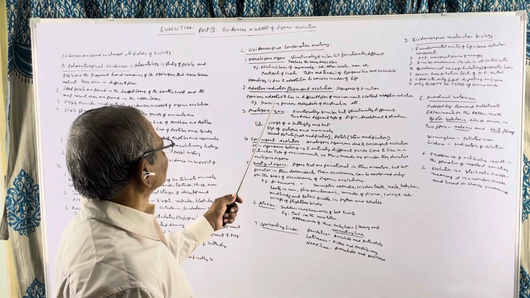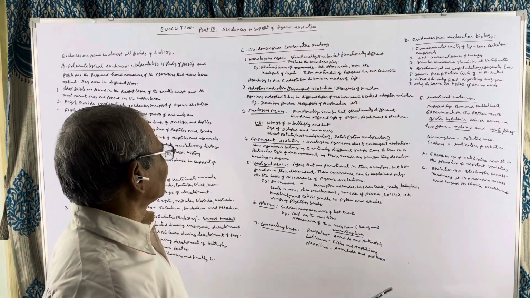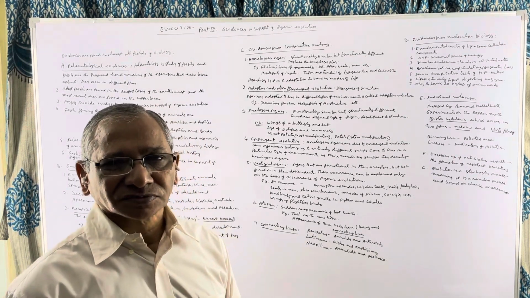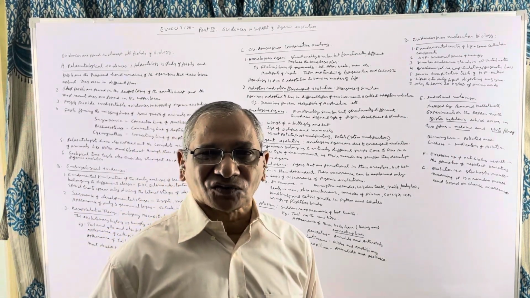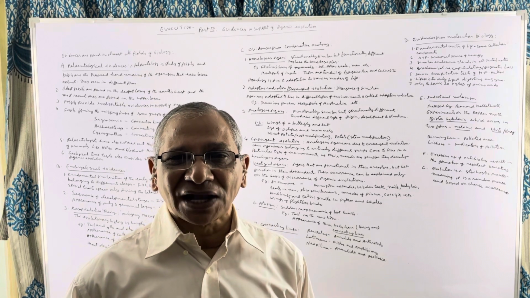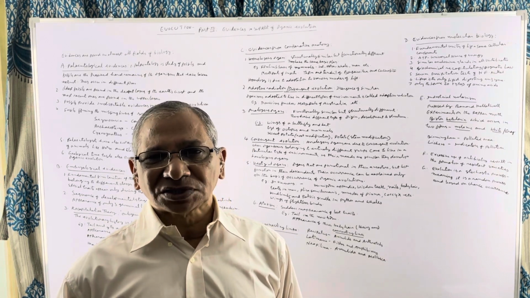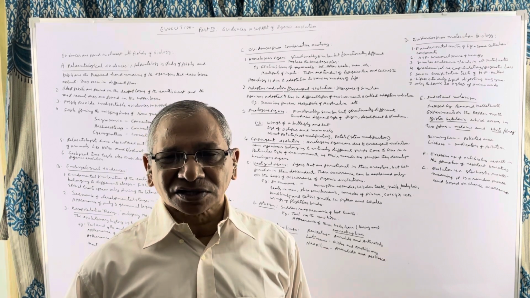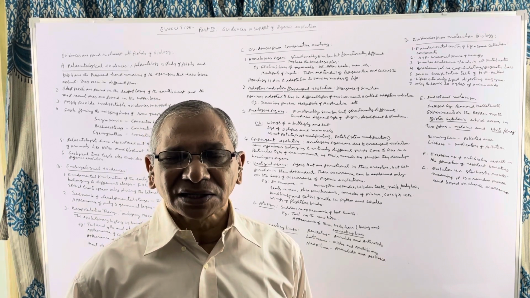Then, examples for adaptive radiation. The best example is the finches of Darwin. I have told you the finch birds are found on the Galapagos Islands. All the finch birds have come from an ancestor which came from the mainland.